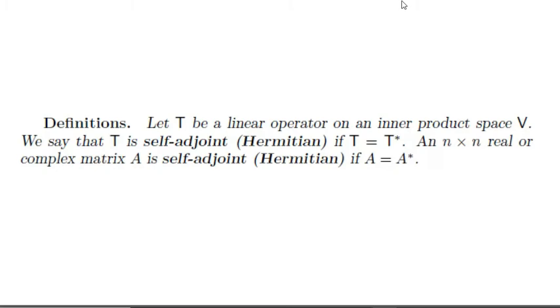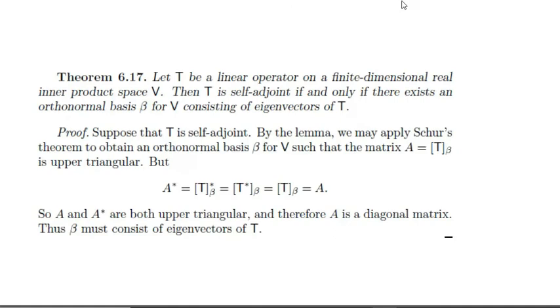Now the self-adjoint operators are those for which T is equal to T star, or the corresponding matrix A is equal to A star. Let T be a linear operator on a finite dimensional real inner product space V, then T is self-adjoint if and only if there exists an orthonormal basis beta for V consisting of eigenvectors.